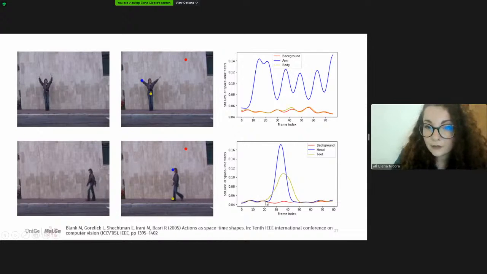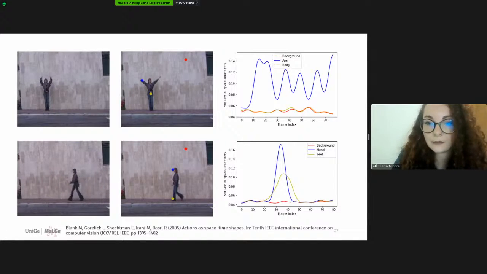Another interesting fact that can be highlighted principally here is that we also have an idea of the starting and the ending of these events.